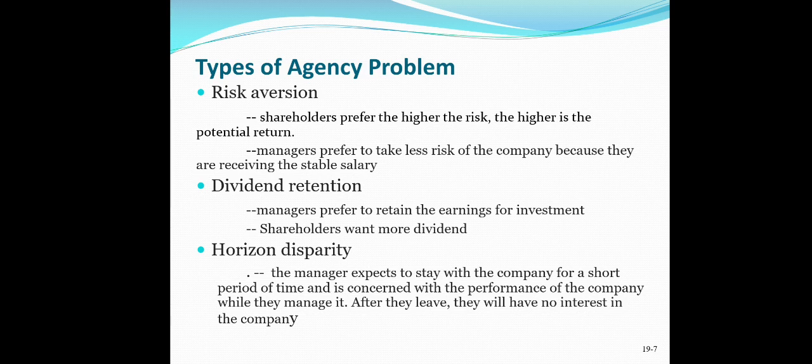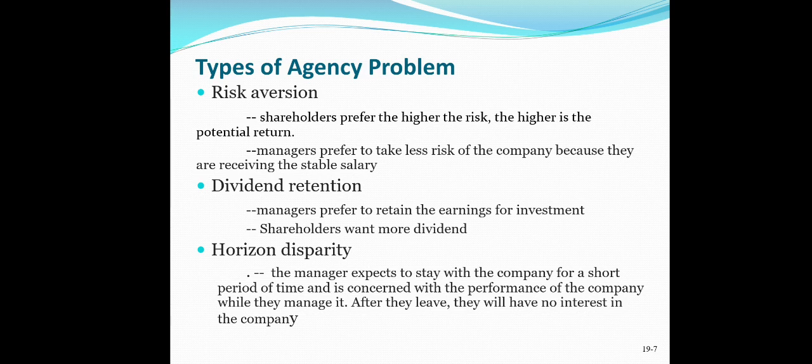If the business is making profit, you as the owner of the business want dividend, but the manager wants to keep the profit and to reinvest the profit so that the future of the business is good, he can still be working, etc. So that is the second problem.